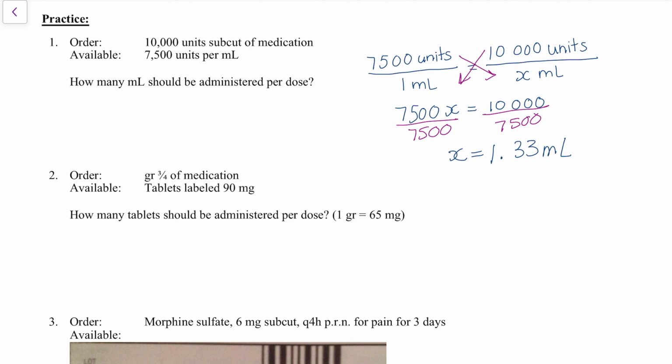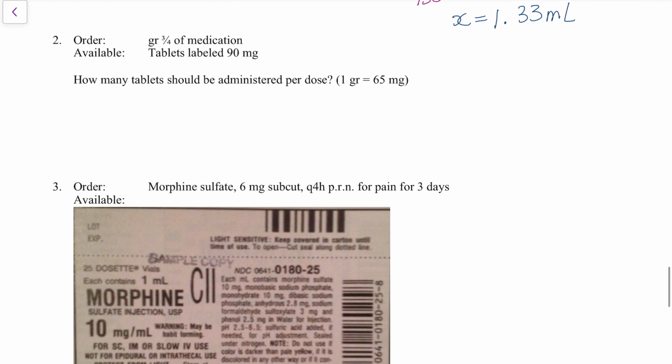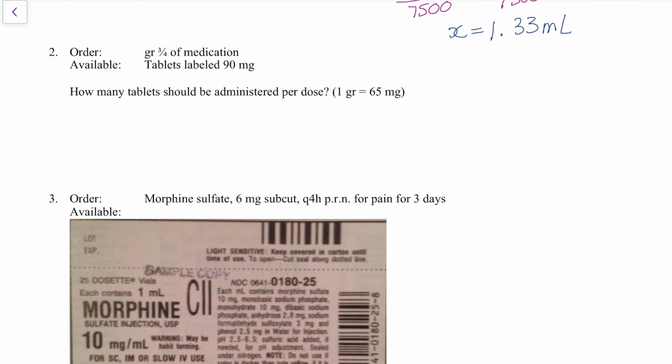Okay, number 2 says that there is 3/4 of a grain of medication, and the tablets are labeled as 90 milligrams, and that's what's available. So again, we have a differing unit here, so we need to make sure that we are converting this to the same unit, to available and ordered.